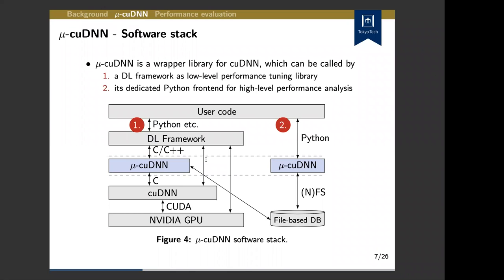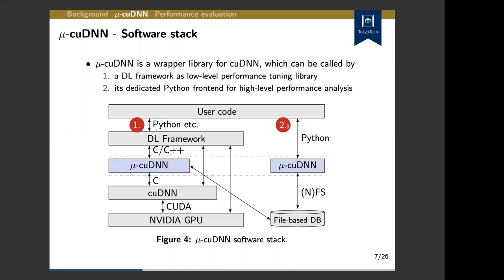Another side effect of adding μ-cuDNN between the framework and cuDNN is that it can capture each call to cuDNN and collect performance metrics by running cuDNN internally. So in this paper, we demonstrate that this can be used for further performance analysis by using an external interface, as shown in number 2.